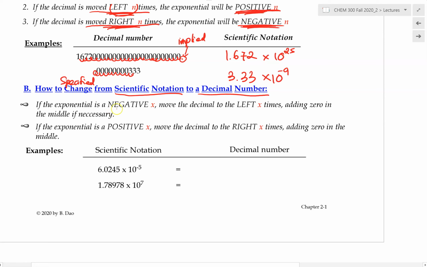If the exponent is a negative value, then we move the decimal to the left that x number of times and add in 0 in the middle if necessary. Versus if the exponent is a positive x, we will then identify the decimal point and now we move that decimal point to the right that x number of times depending on what the exponent would be. And again, we'll be adding 0 in the middle if necessary.